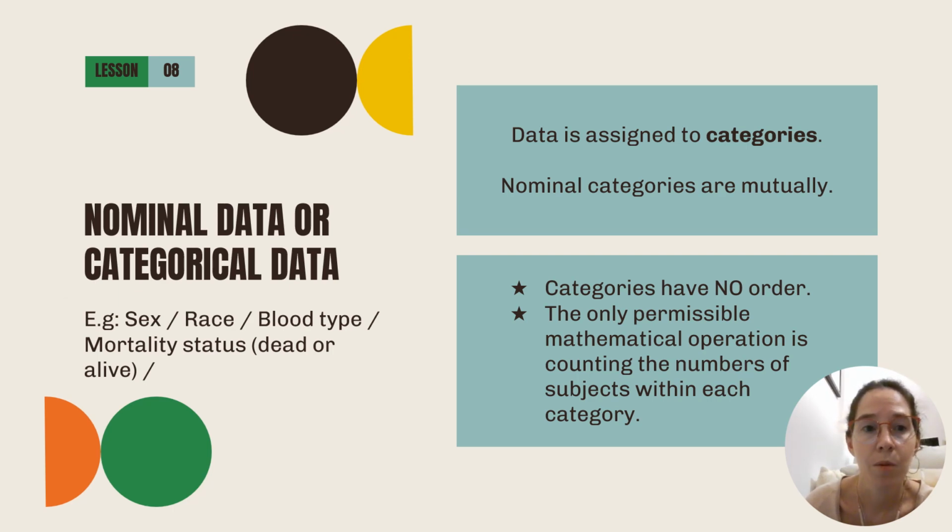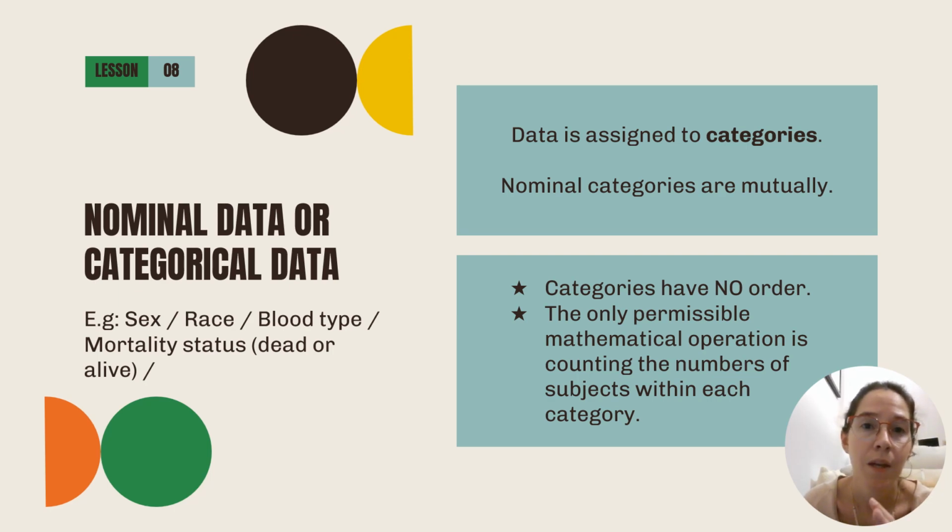And nominal variables are labeled or named data, which can be divided into various groups that do not overlap. All the data that can be categorized and do not follow an order can be categorized as nominal data. Examples of this type of data are sex, blood type, race, marital status, for example.